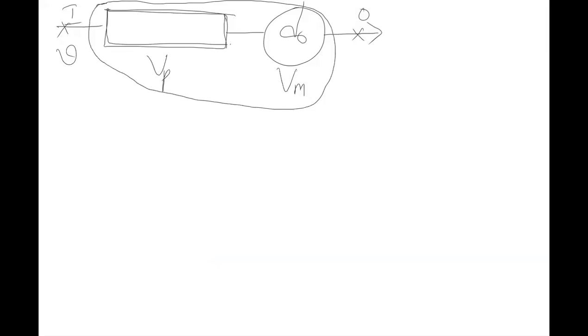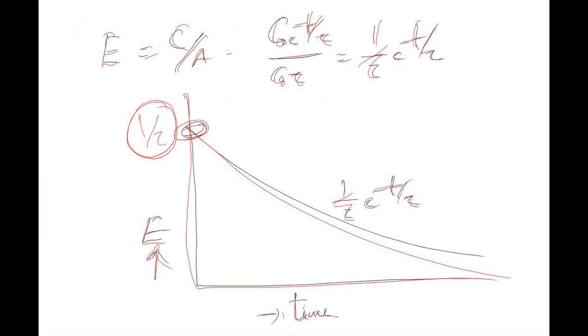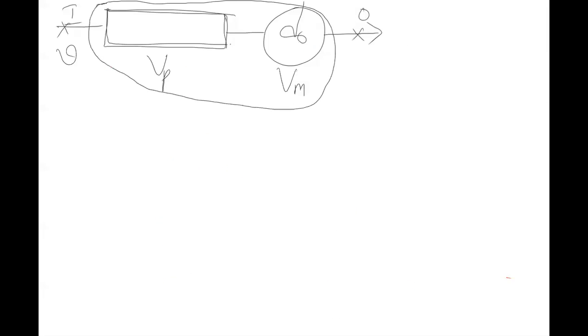Somebody asked to show the previous slides, so I am showing it once. You have a PFR followed by a CSTR. You are injecting here, you are observing here, volumetric flow rate V, volumes Vp and Vm.